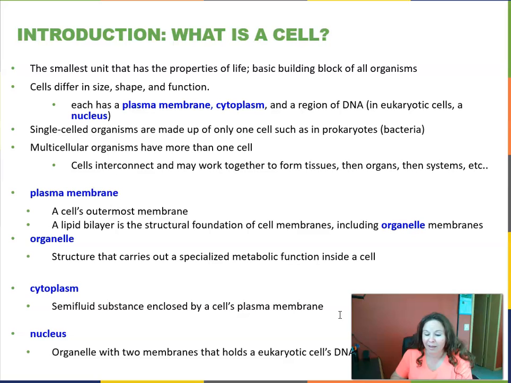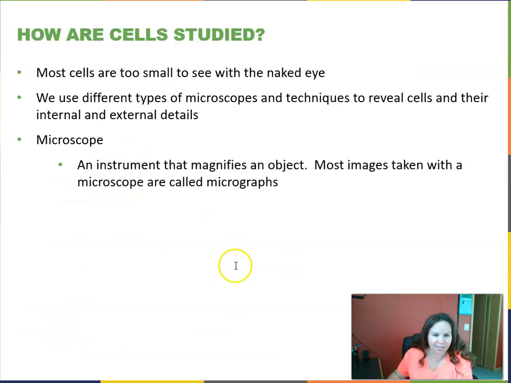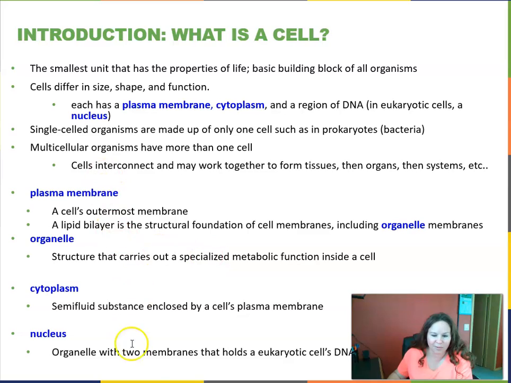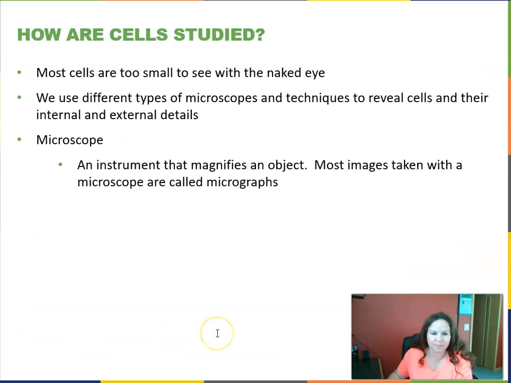And if you're a eukaryote, then your DNA would be in there as well. So we've got some very good vocabulary on that slide that you need to make sure you know those terms.